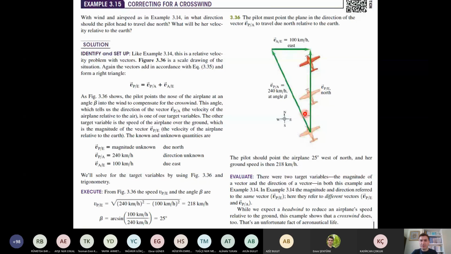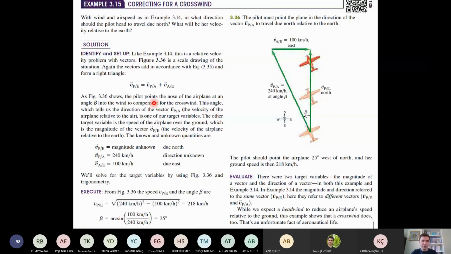First vector, the velocity of plane relative to air at angle beta, and then velocity of air relative to Earth. This is the resultant vector, velocity of plane relative to Earth along the north, right? So this vector is equal to this vector plus this vector. From the vector addition, you can easily see it, okay? So we have it here.